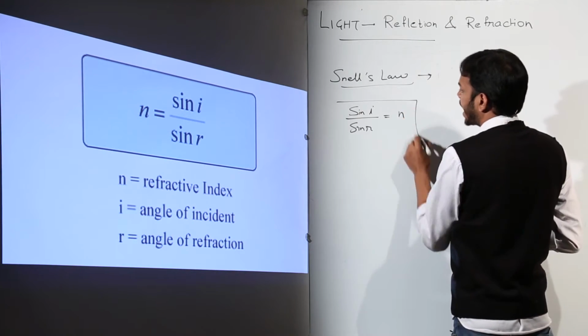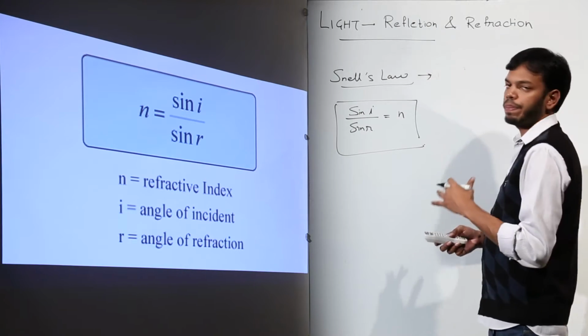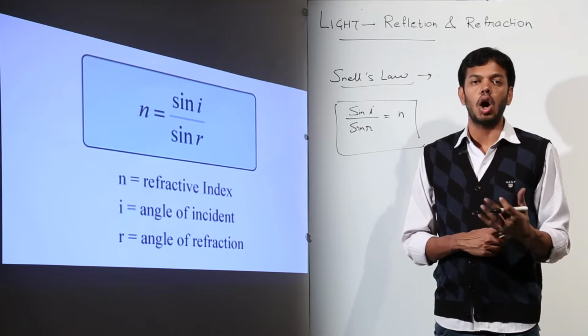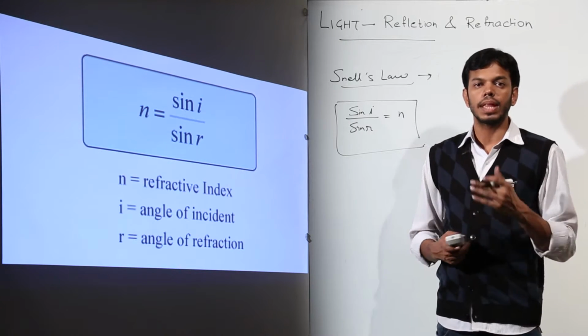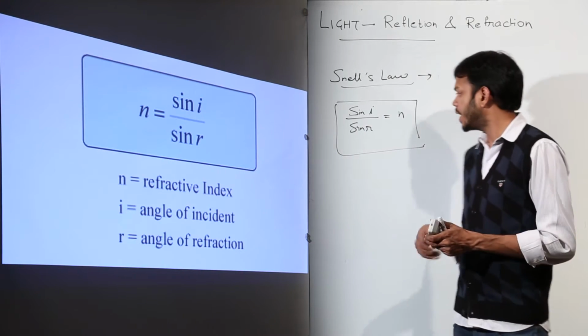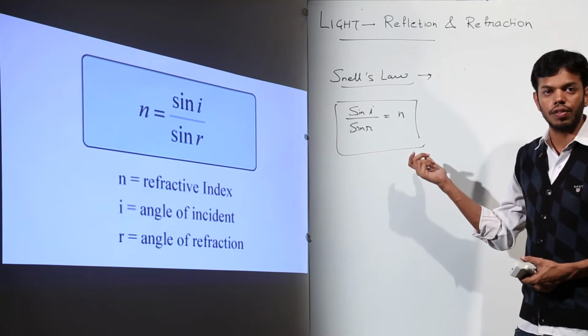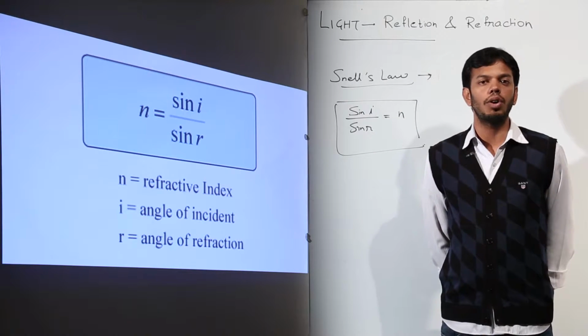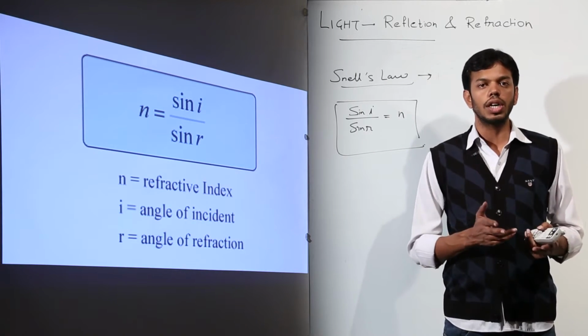So the refractive index is a governing physical aspect which tells us how much refraction is going to happen. That means the higher the refractive index, the more the refraction, and the refractive index depends on the density of the medium. Suppose we are talking about a glass slab and a diamond. Which of the two is stronger?